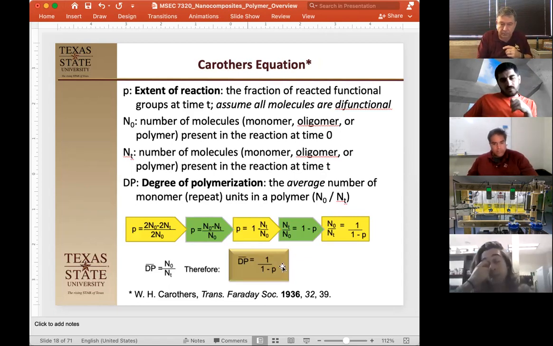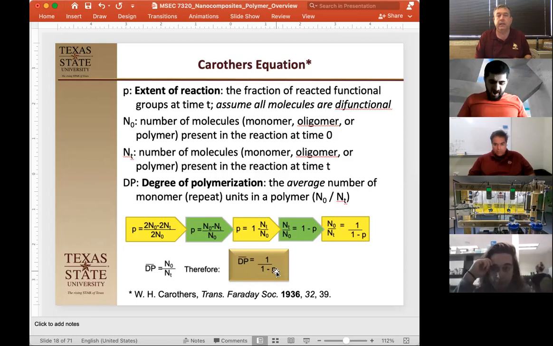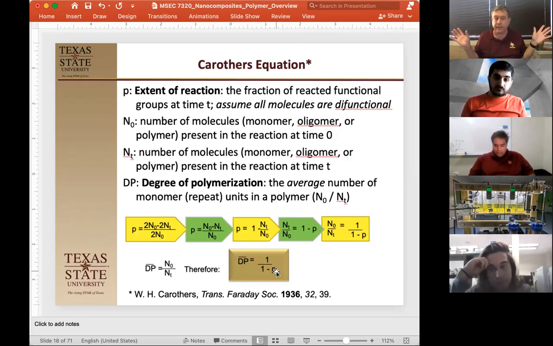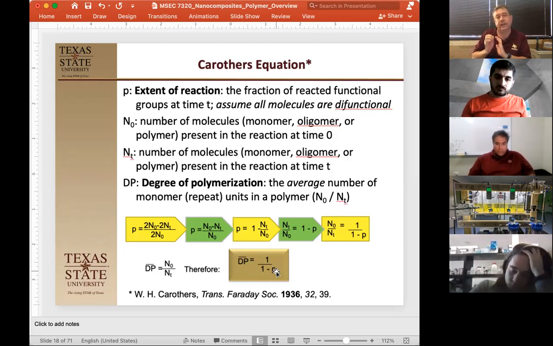If we look at this equation right here at the bottom, 1/(1 minus P). So 1 is assuming unity, so everything's reactive. So if you have P = 1, meaning 100% of those units have reacted, it's going to be 1 minus 1. So you can't have that because that would be dividing by 0.